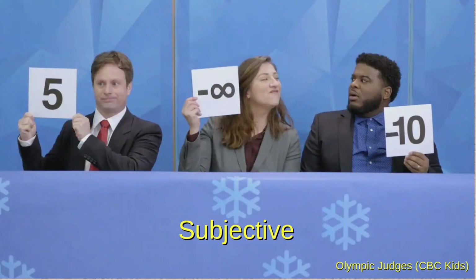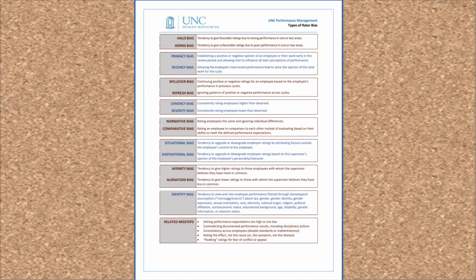Subjective measures, on the other hand, are based on the judgment of qualified human judges or raters, where complex performance or products have to be evaluated. But subjective measures can vary between raters. The deviations of such subjective estimates are unavoidable and collectively labeled as bias.